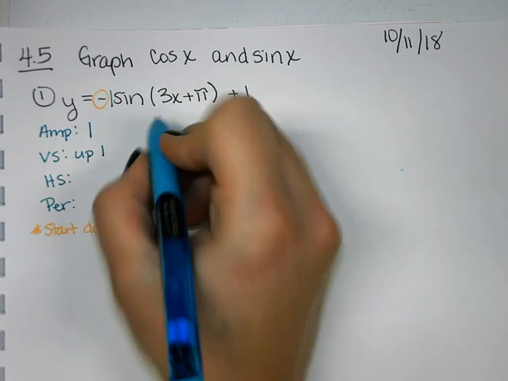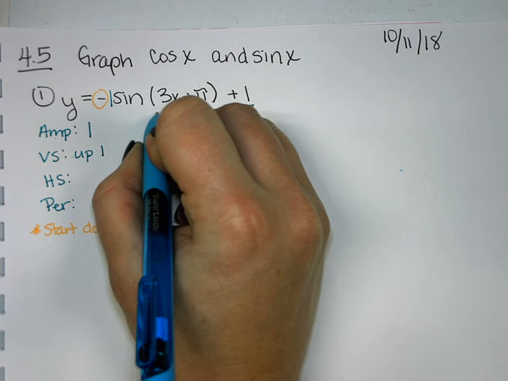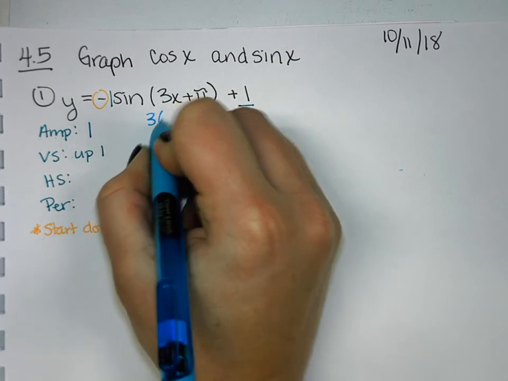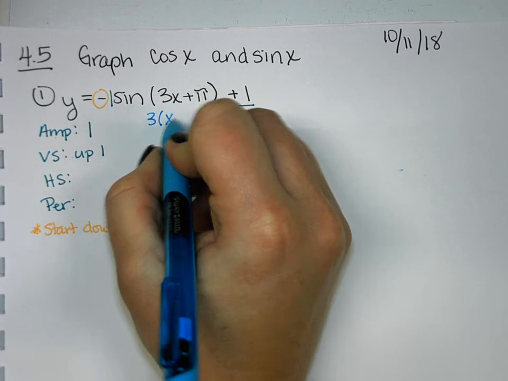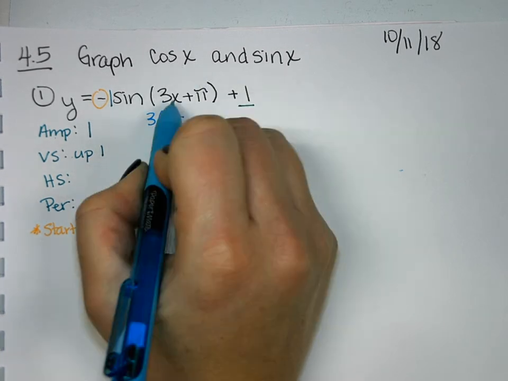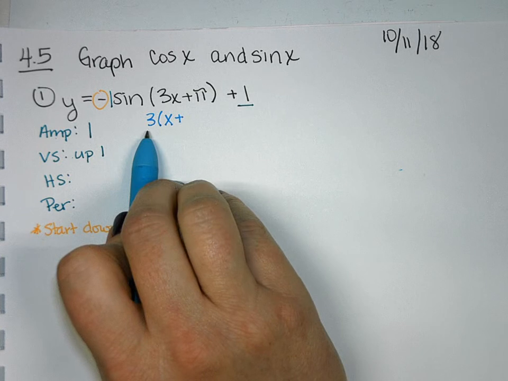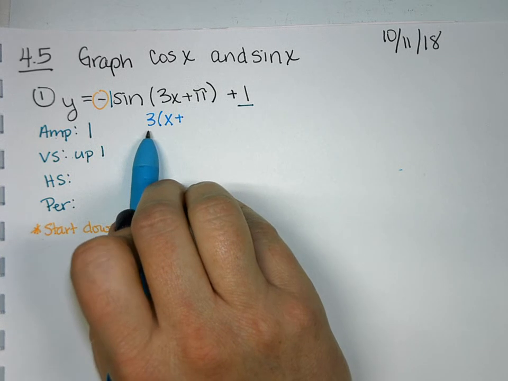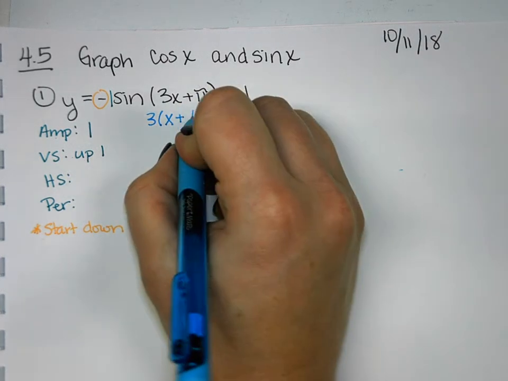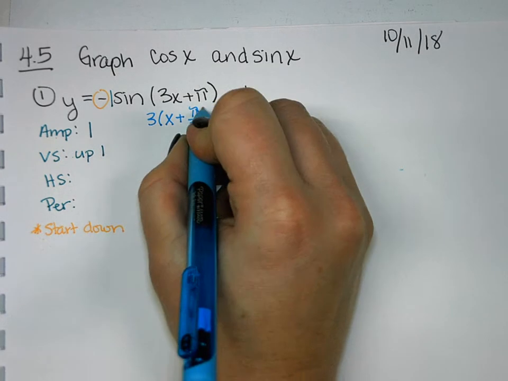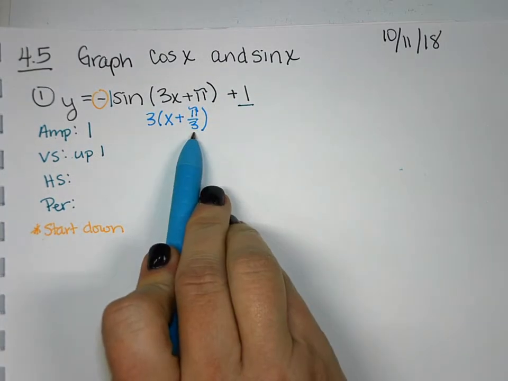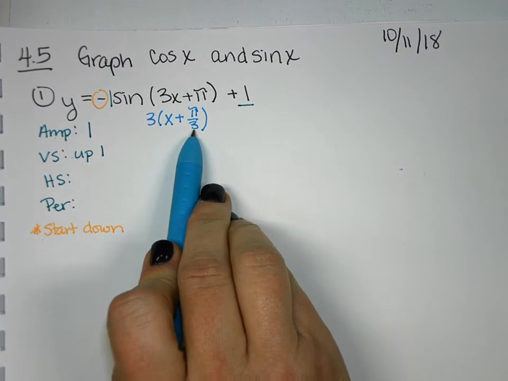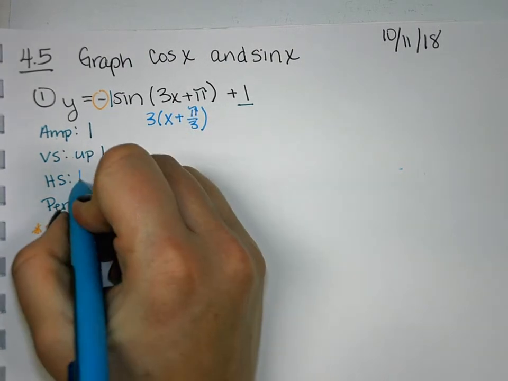So if we take the 3 and factor it out, this will become 3 times x plus something. Remember, when we factor something out, it's like we're dividing every term by it. So this would become pi over 3. In looking at our horizontal shift, we're going to be shifting to the left pi over 3.